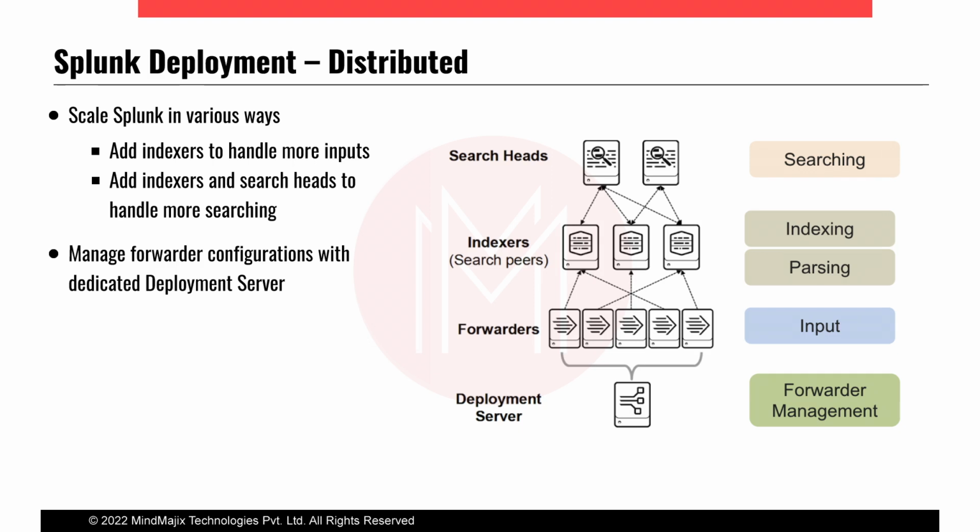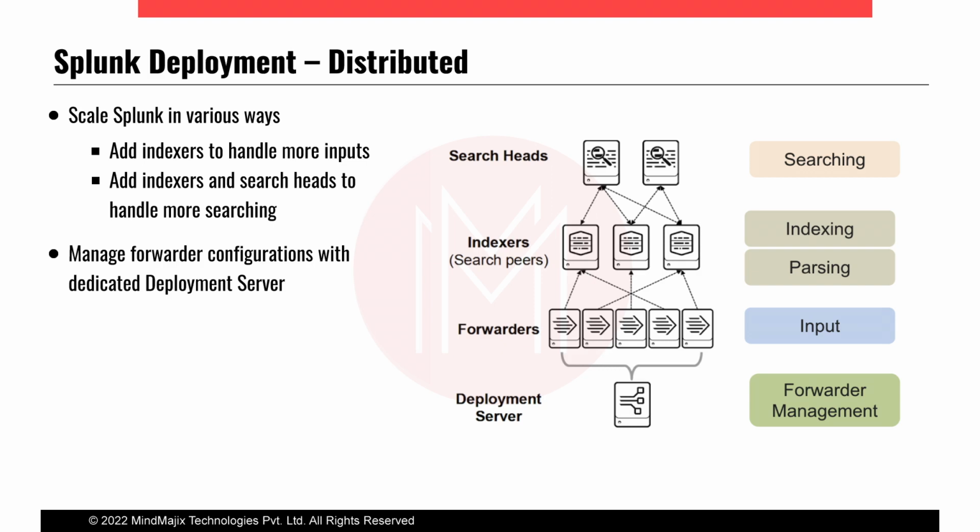Here, to start with, we add layers at the indexers, and these indexers are clustered and handle more and more inputs. The forwarder configuration is managed by another instance which is called the deployment server. If you see in the diagram, the role of each layer in this distributed environment is clearly demarcated.